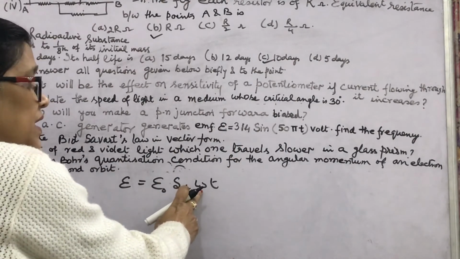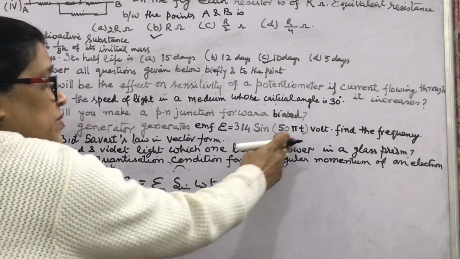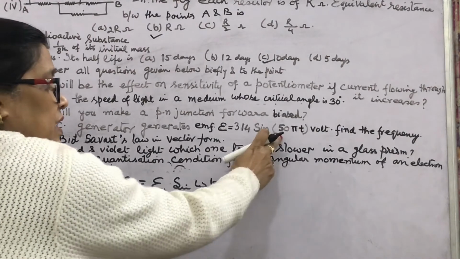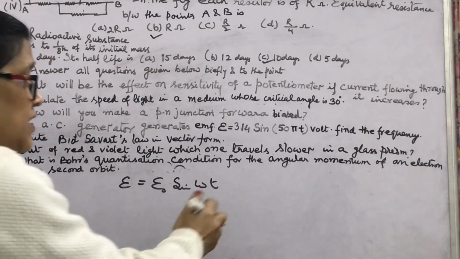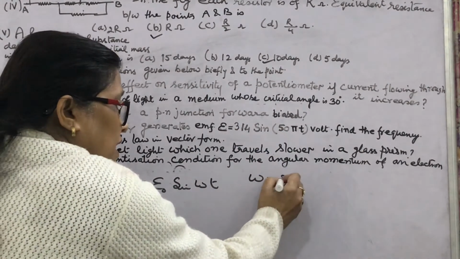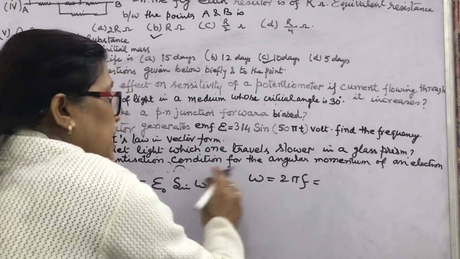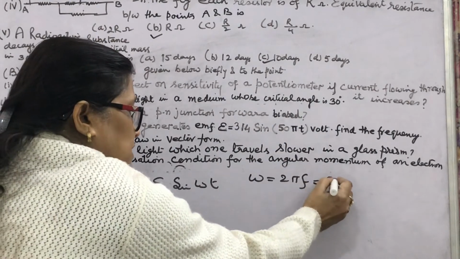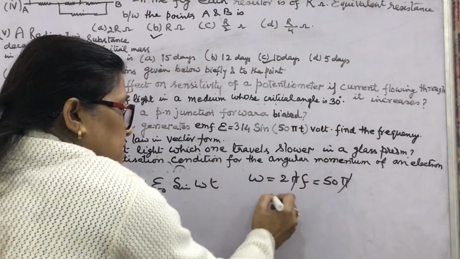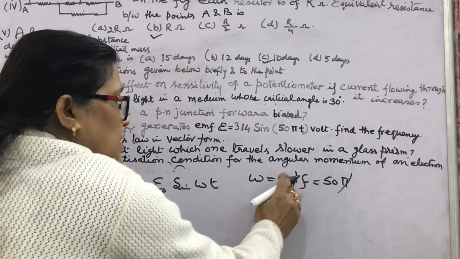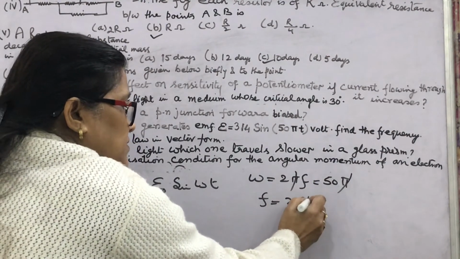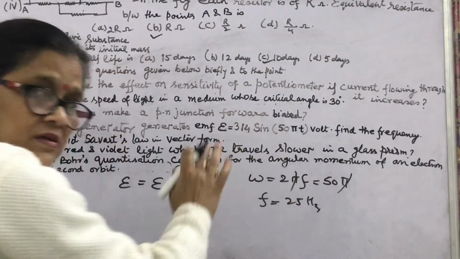What is omega? Look, t in place of t. In place of omega, what is written here? 50 pi. You know omega is 2 pi f. By comparison, you are getting 50 pi. Pi is cancelled. Frequency is asked. What is this? 25 hertz. Is it or not? Clear?